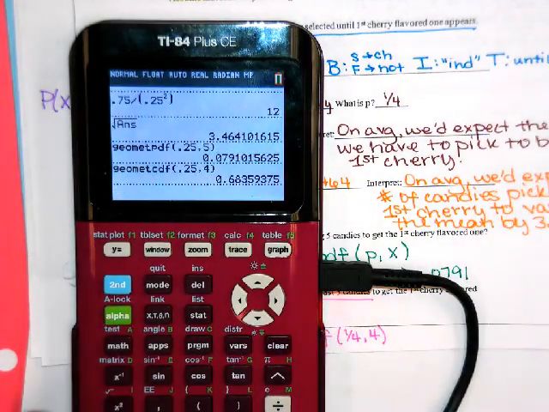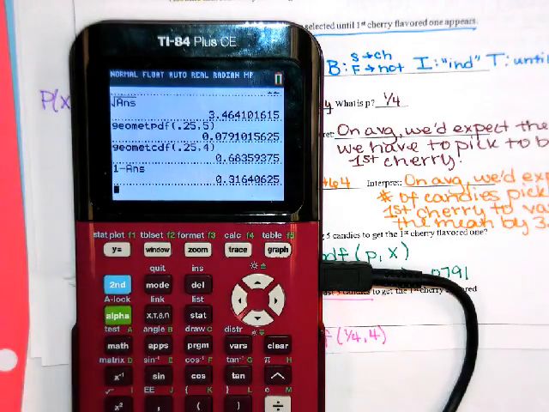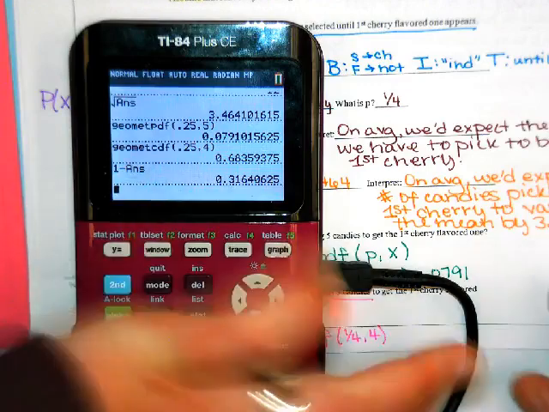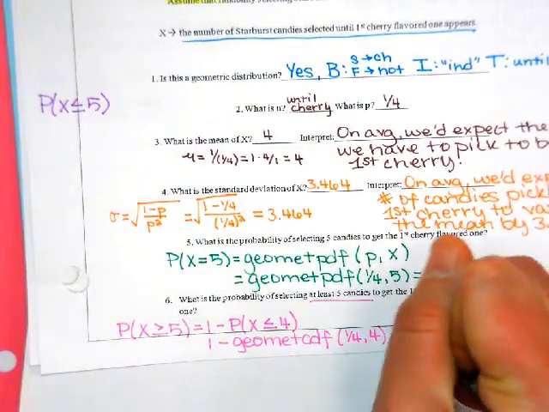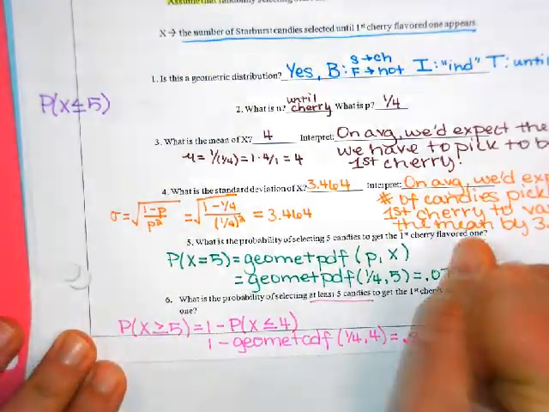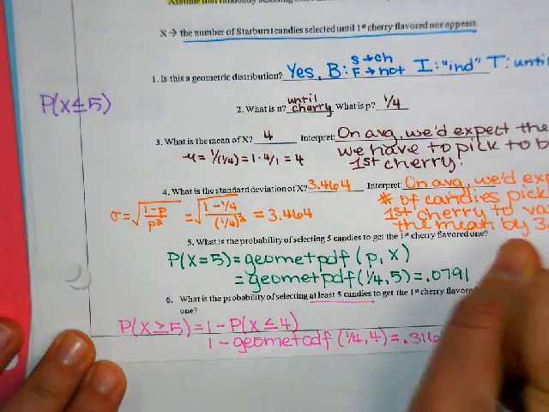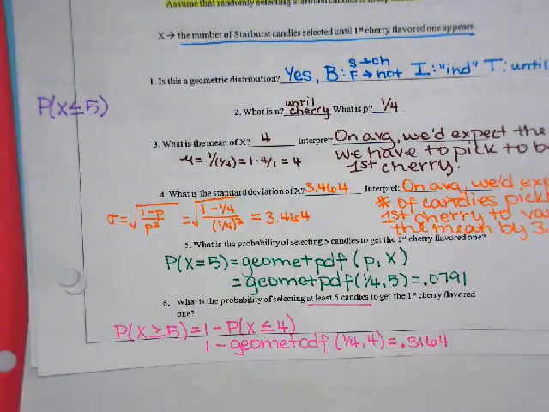Wait, we do CDF, right? CDF, yes, because it's an inequality. What is our P? 0.25. Any questions? What did you put in for the x value? 4.